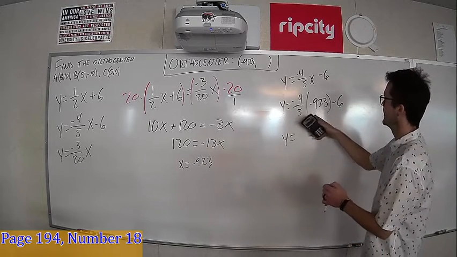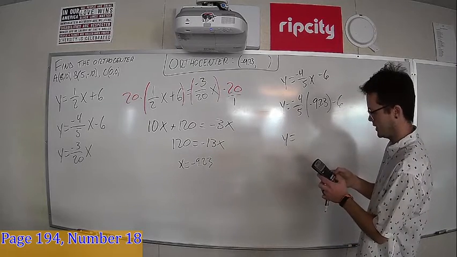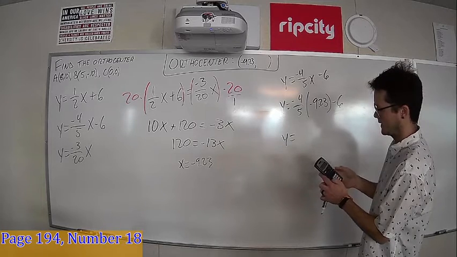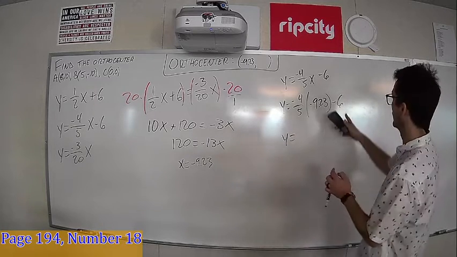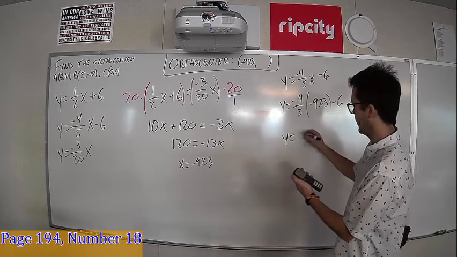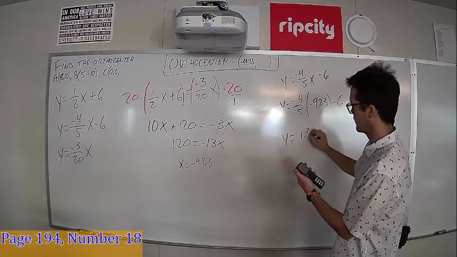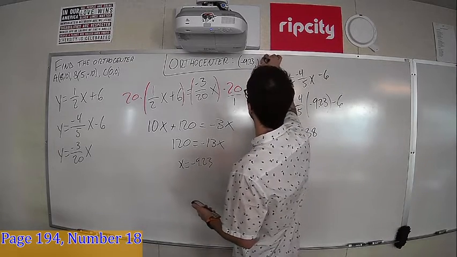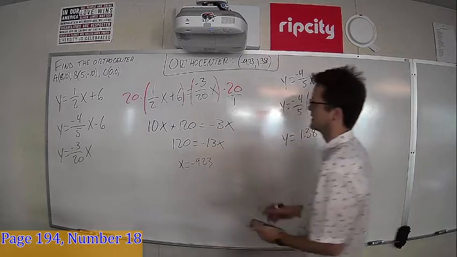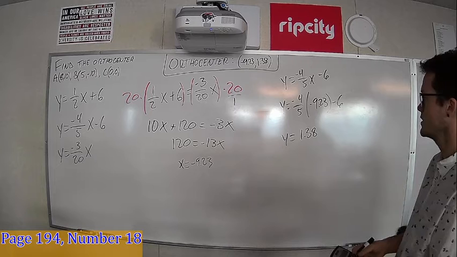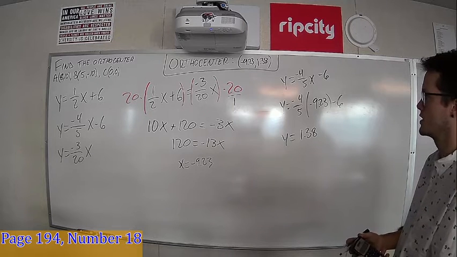And I'm going to multiply that by negative 9.23. I got 7.384. I'm going to subtract 6 now. And I learned that y equals 1.38. So our claim here is that y is at 1.38.